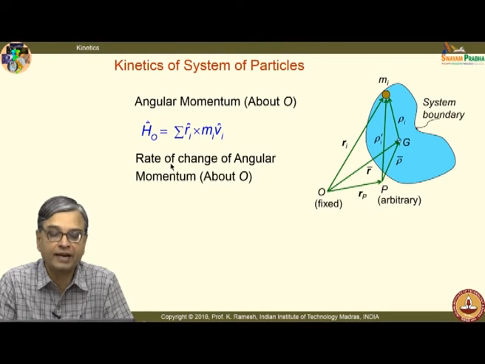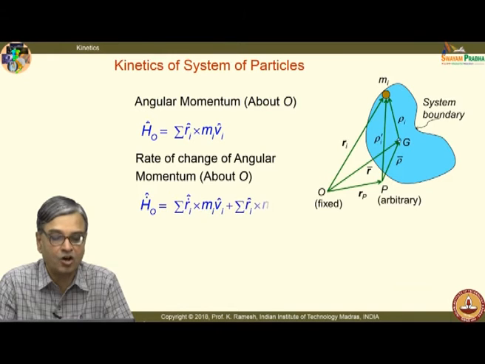When I look at rate of change of angular momentum, differentiate it correctly by applying the product rule. Do not swallow up any terms. So, when I have H dot, I get this as R dot cross M V plus R cross M V dot.